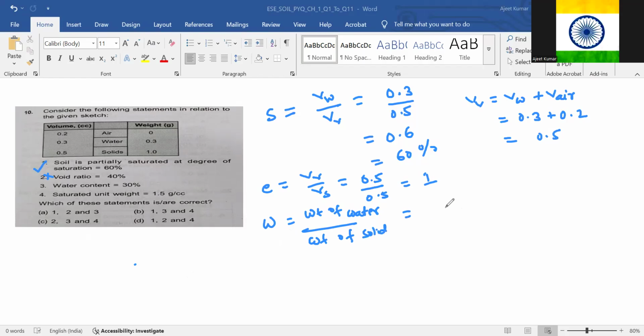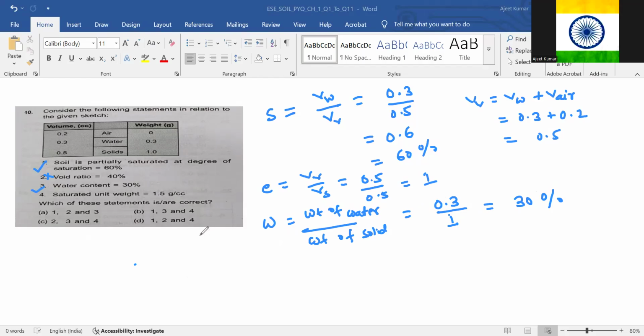So what is weight of water? Weight of water is 0.3, divided by weight of solid, which is 1. So this is 30%. So this statement 3 is correct.